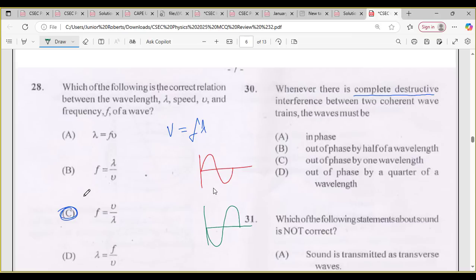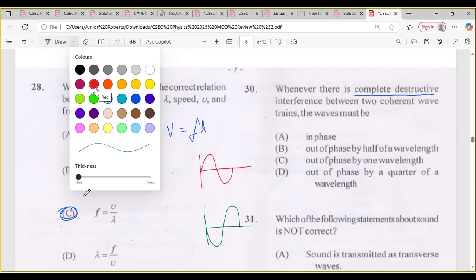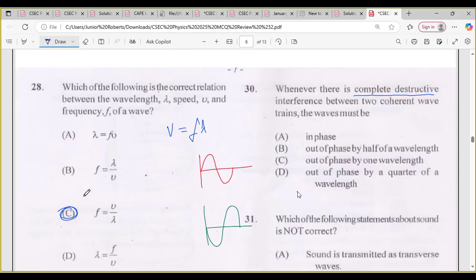So if these two waves interfere, we're going to get complete destructive interference. And what we see now is that these two waves are out of phase by half of a wavelength. So for destructive interference, they must be out of phase by half a wavelength. So that's going to be B.